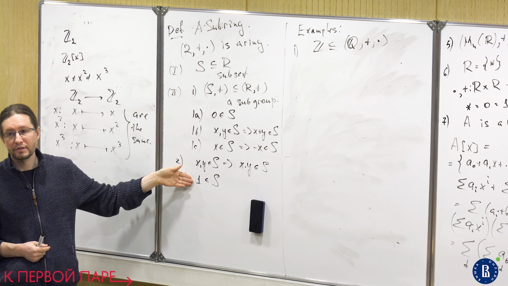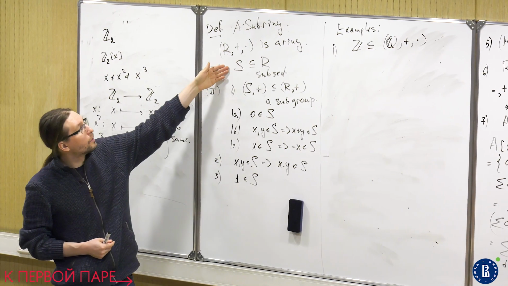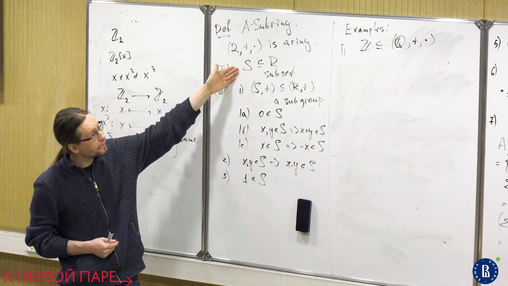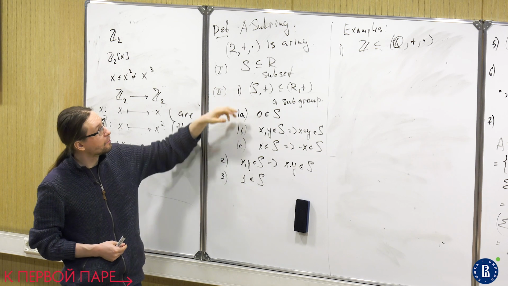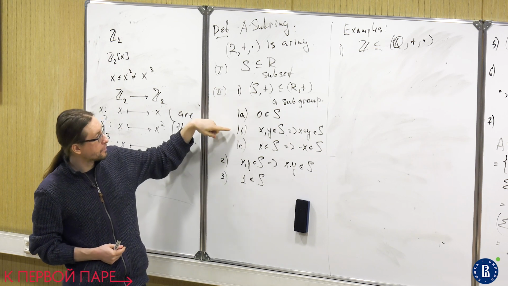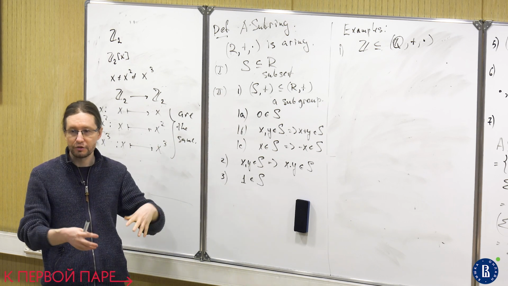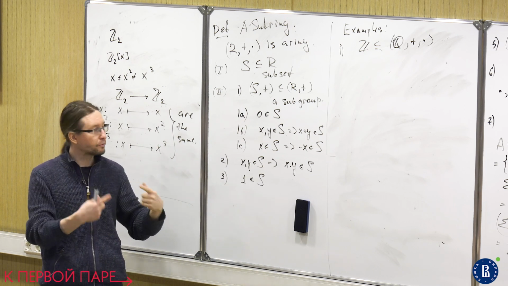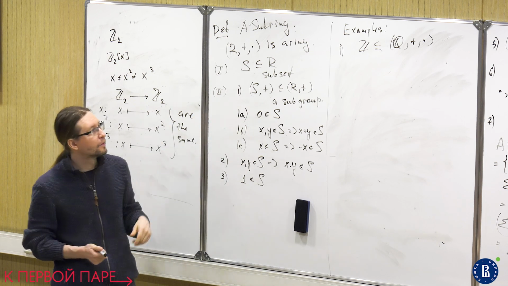So by definition, it's a subring. And by the way, when S is a subring, it has the structure of a ring. Because of property 1b and property 2, we can restrict addition and multiplication to this subset. And with respect to this addition and multiplication, S is a ring itself.